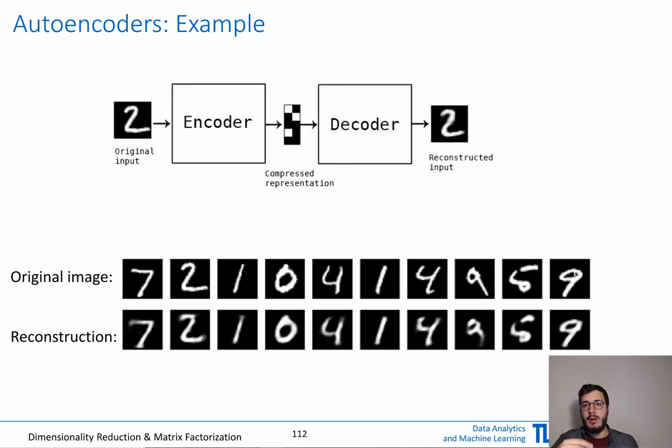Because the decoder's only function was to take the low-dimensional code and up-project the data into the original input space, so you'd be able to train the neural network by looking at the difference. But if you only care about the low-dimensional projection, once you are done with training, you can simply throw away the decoder.